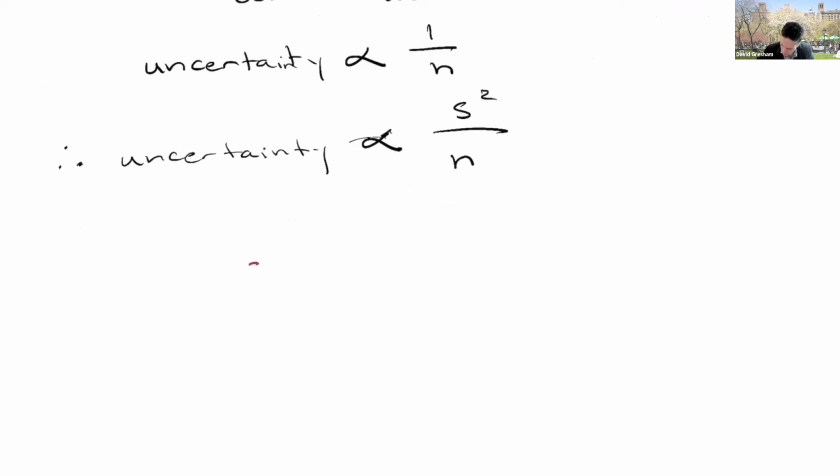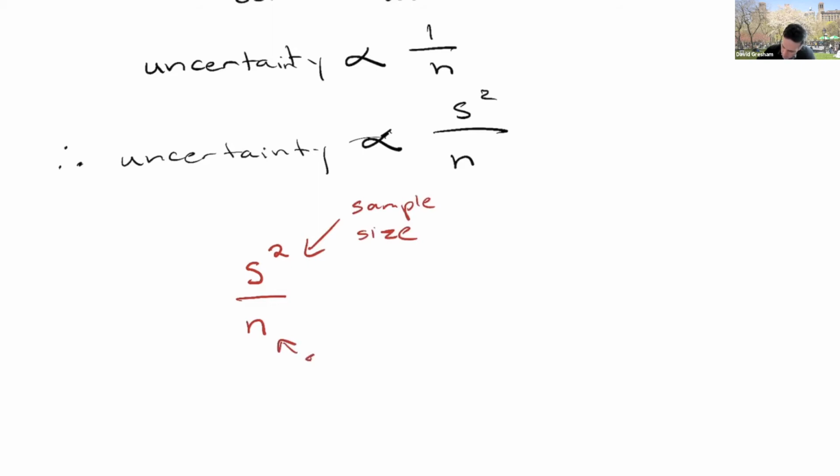If we take our variance divided by the sample size, that's going to be a way that we can compute the uncertainty associated with our estimate.